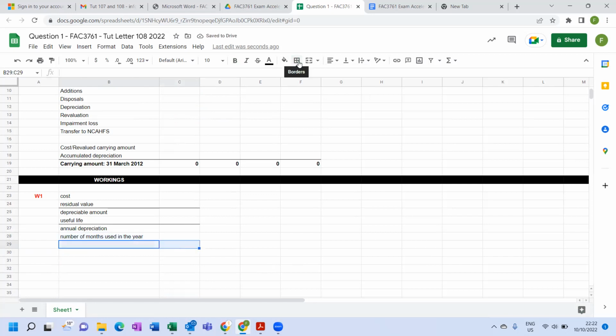That's basically a standard format I set up to calculate depreciation for the current year. When it comes to the building, it's 5.7 million. We have a residual value of 5 million and it hasn't changed.